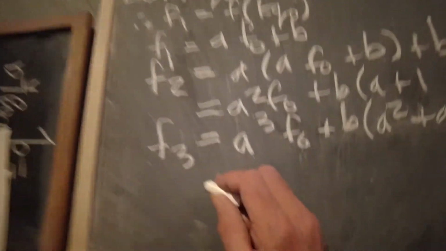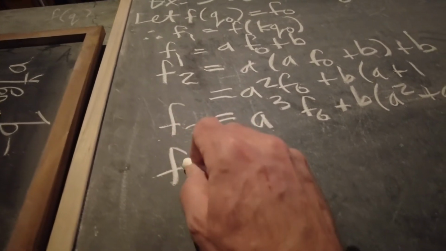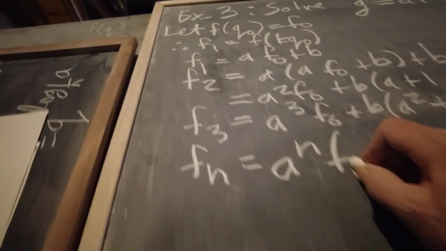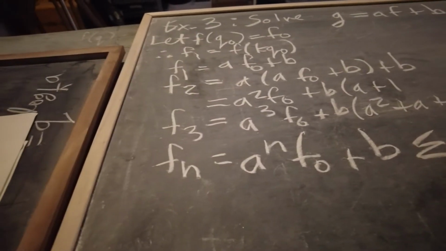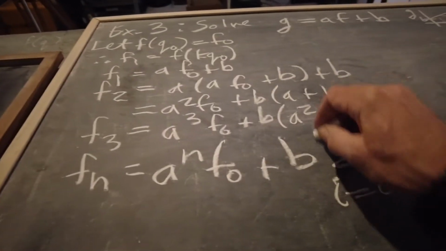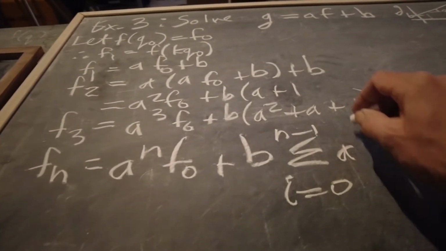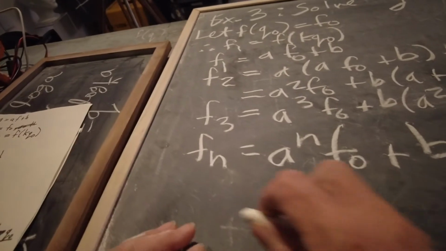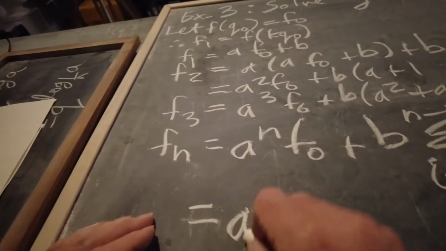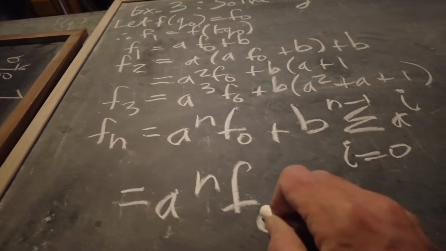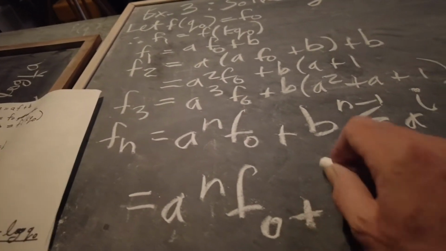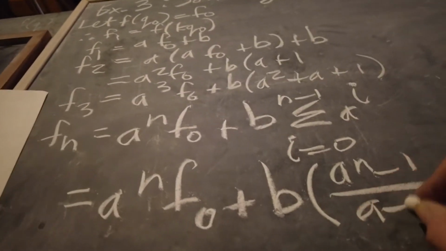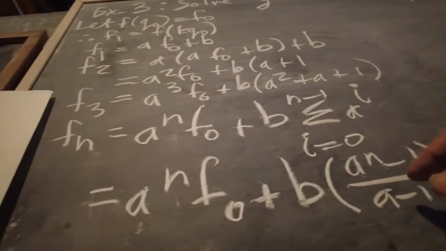And more generally, we can write that f sub n equals a to the n f0 plus b times the sum from i equals 0 to n minus 1 of a to the i. So you can see this is just a simple pattern, and that is equal to a to the n f0 plus b times a to the n minus 1 over a minus 1. This is just the sum here.